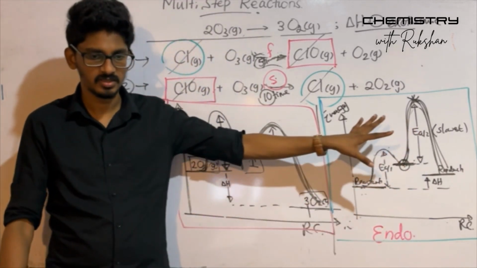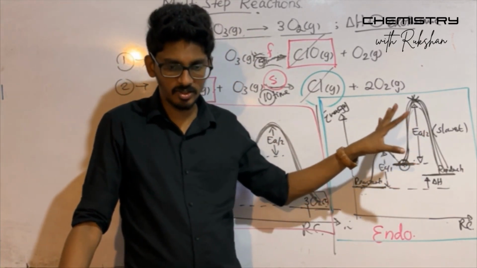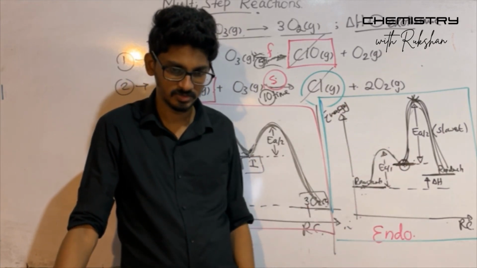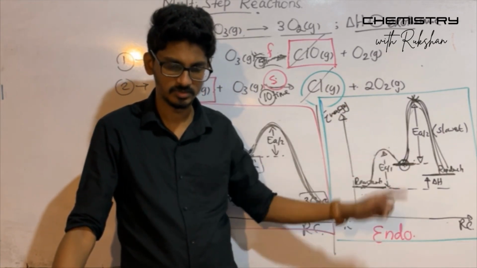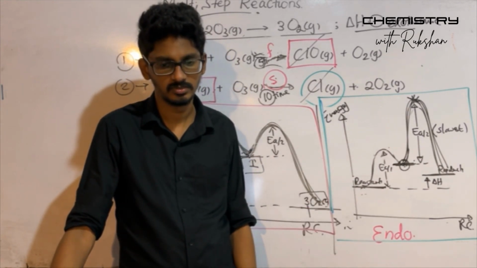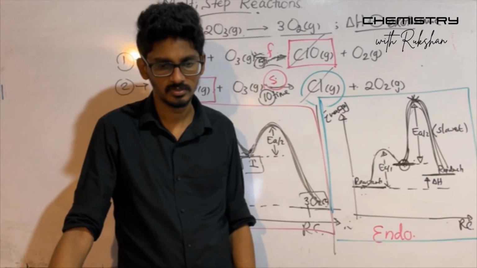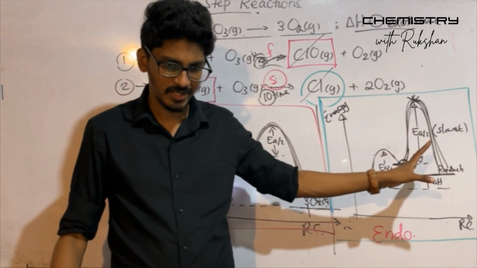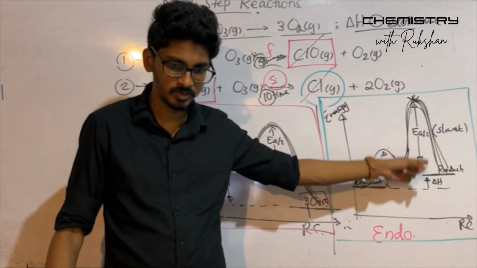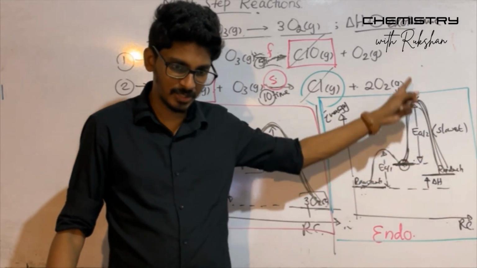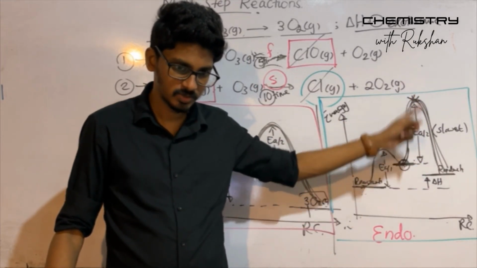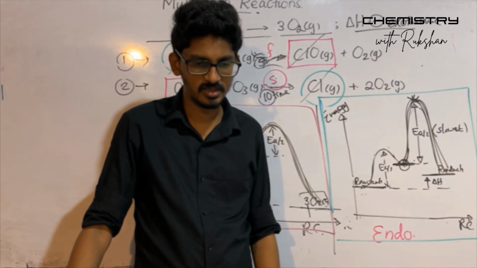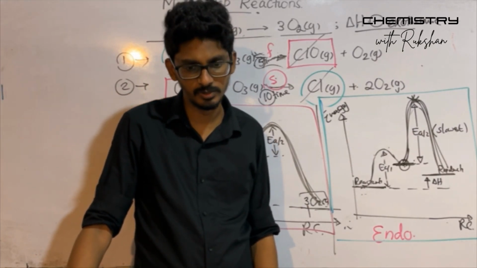For this process, the activation energy is not the EA1, it is not the EA2, it is a different value. Even though the slow step is with EA2, the activation energy of the overall process is actually a different value than the EA1 or EA2.